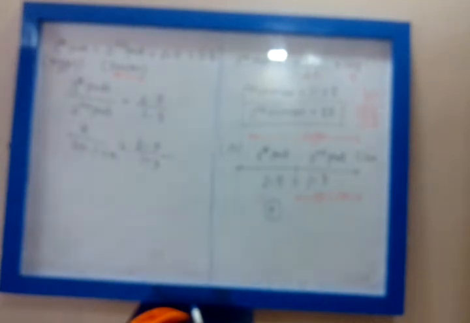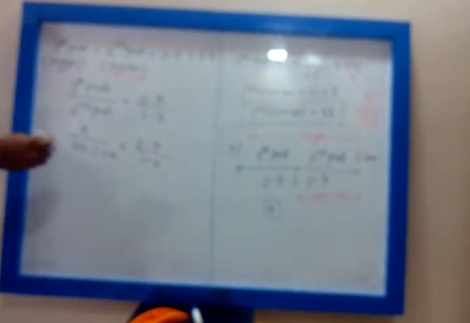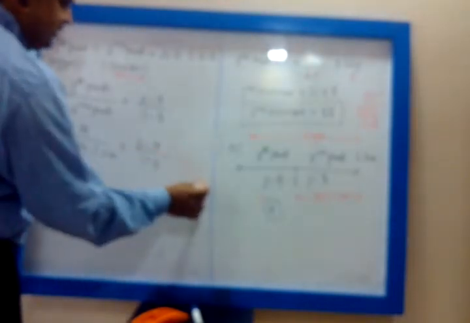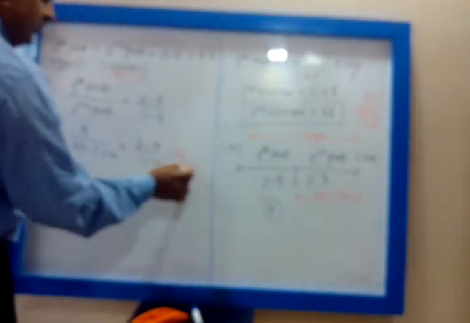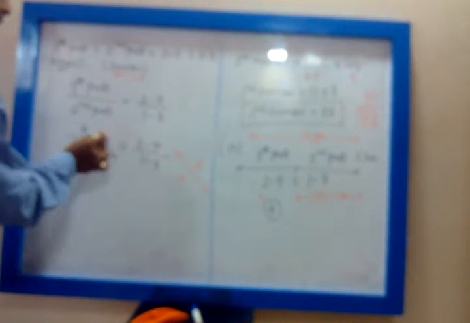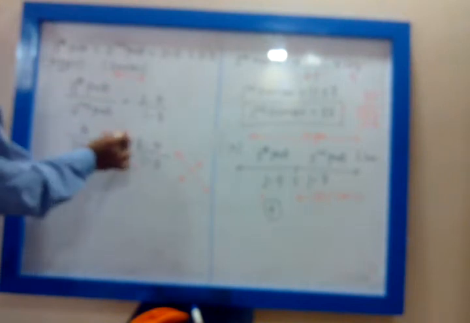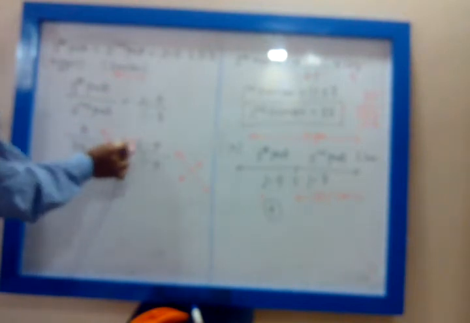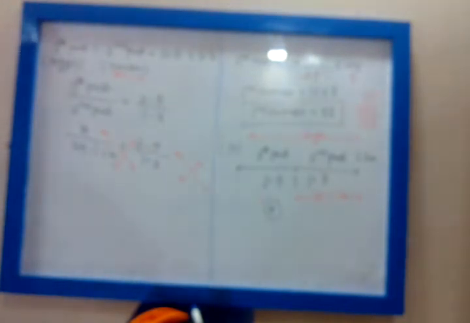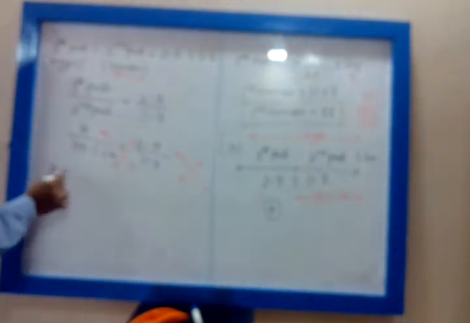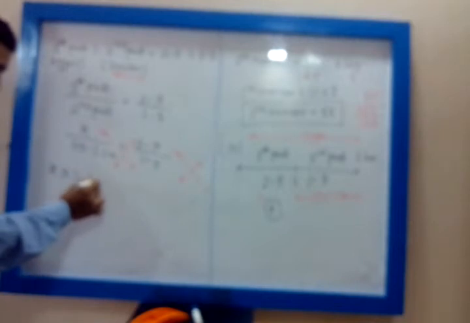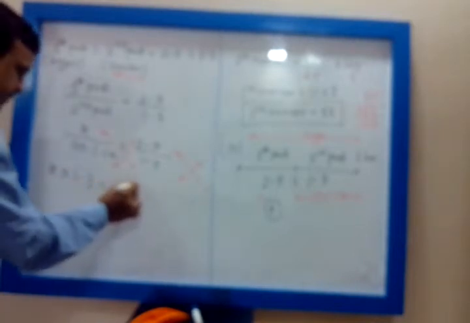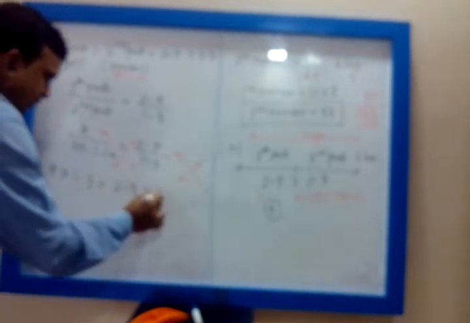Equality of two fractions, we have to cross multiply. So you will get x into 1.3 is equal to 2.5 into 35.1.